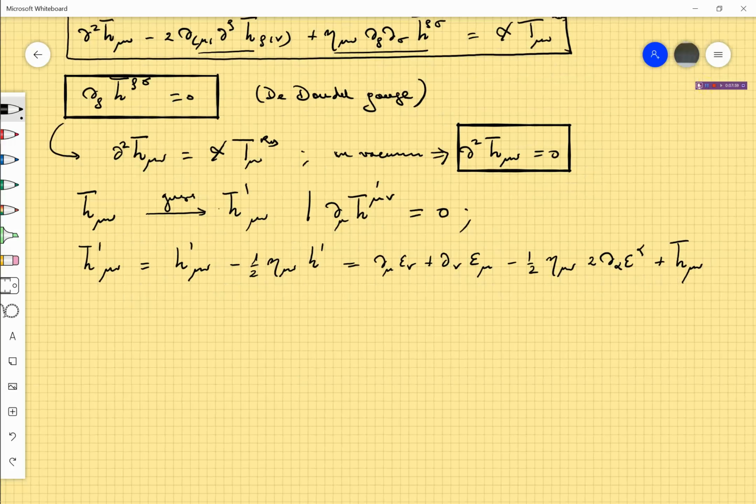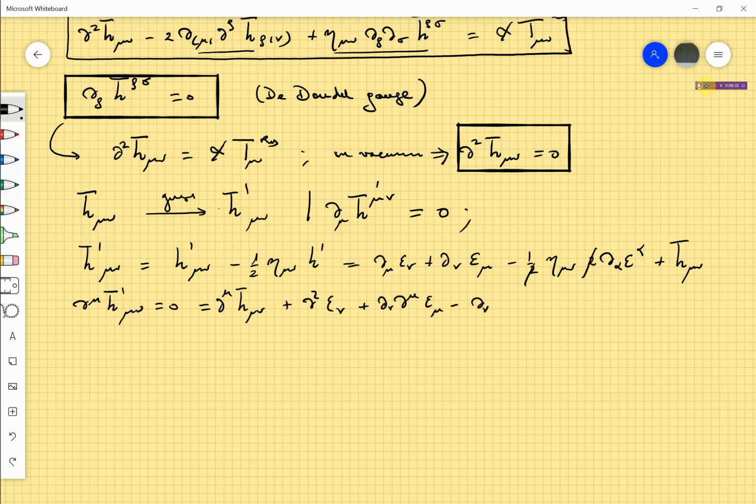Now we impose the condition that we want to be satisfied, that the divergence of h bar prime is 0. Knowing that this is this, we have this plus partial square epsilon nu plus the mu epsilon mu minus these factors of 2 cancel, and this is the nu, and let me write it this way, epsilon instead of alpha I use mu now.